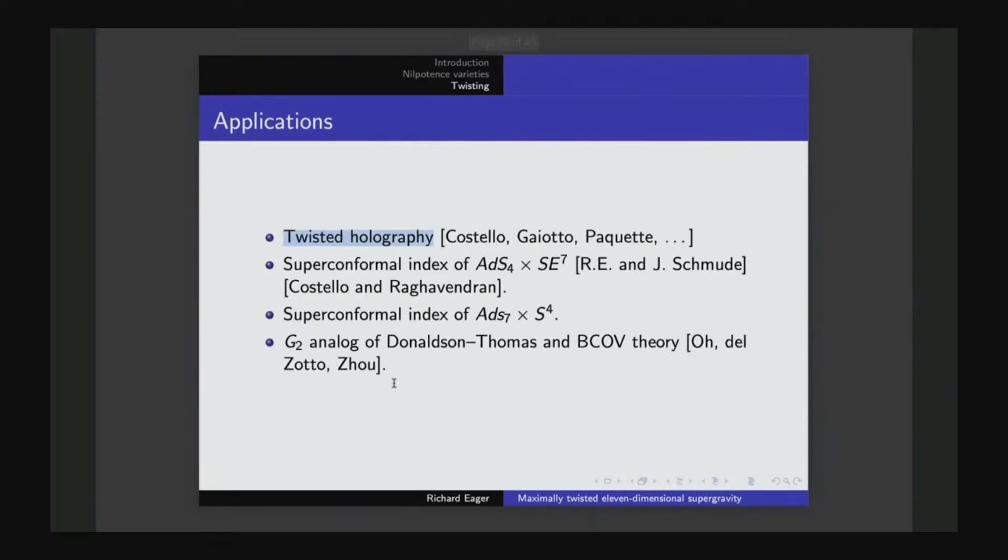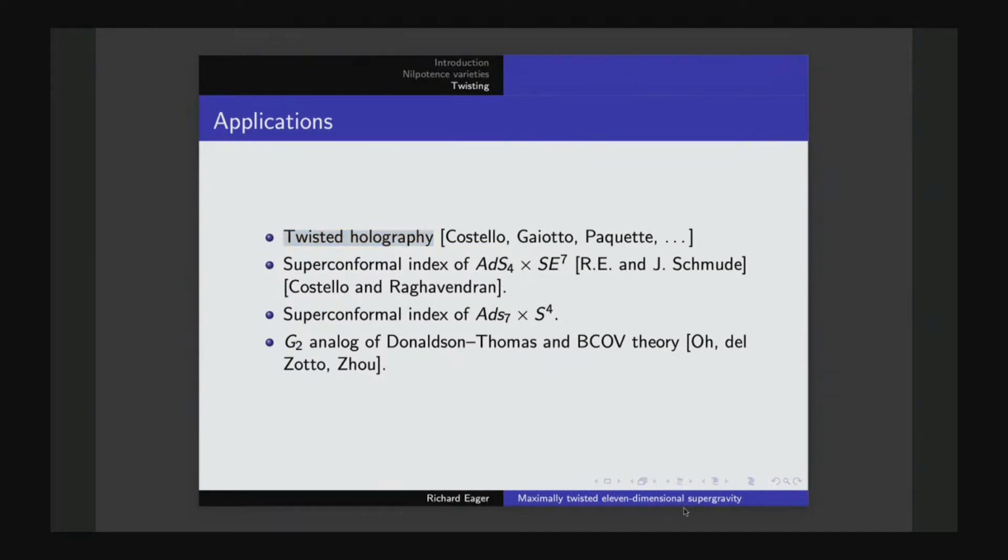And maybe before I finish, I should say there's also older work of myself, Johannes Schmude, and Yuji Tachikawa, where we considered the superconformal index of AdS5 times a Sasaki-Einstein 5-manifold and related the local operators to cyclic homology of that theory.